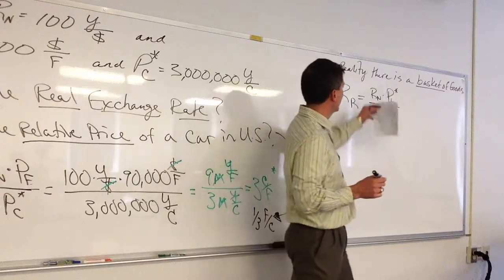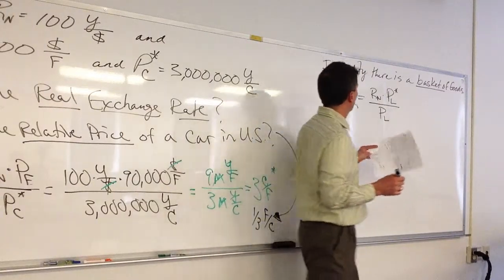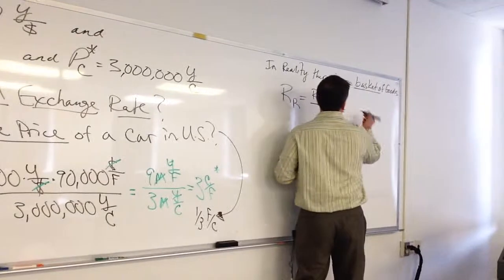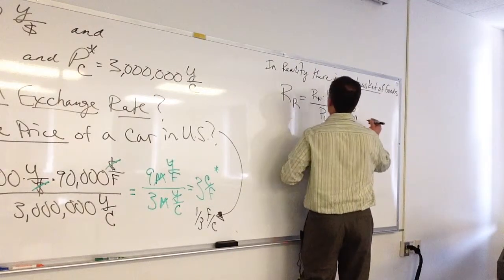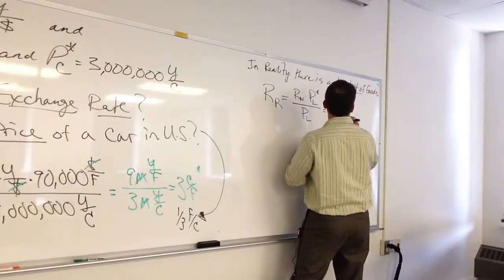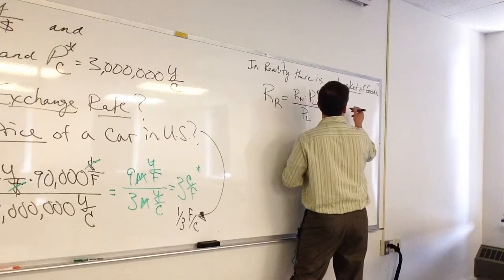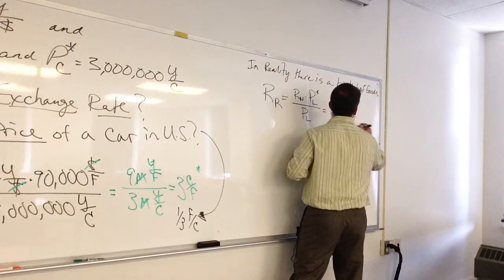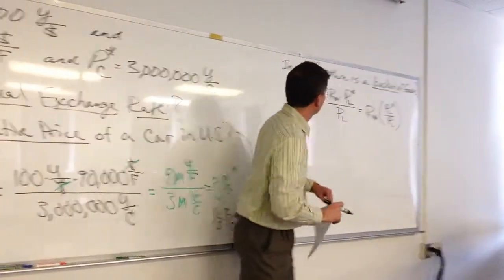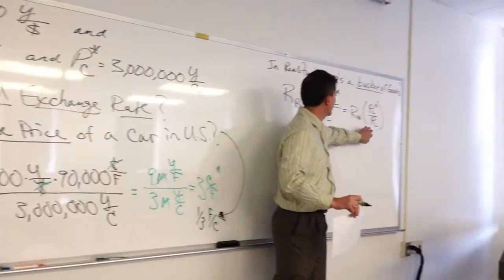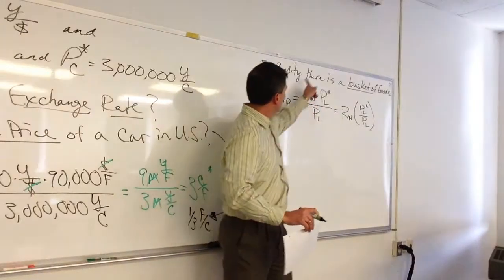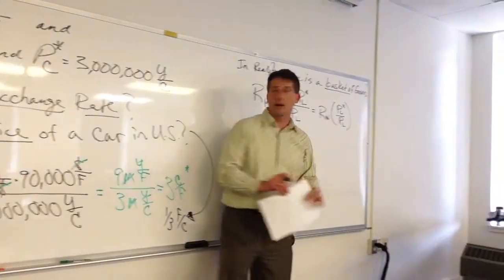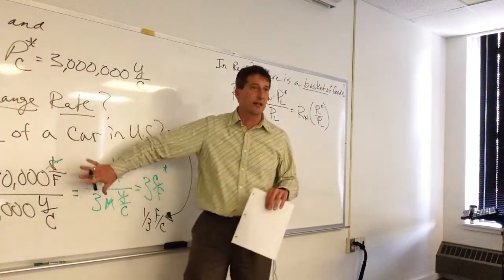So the star again is denoting the foreign country. And then we can just rewrite this expression as the nominal rate times the ratio of the two price levels. Just a different way of looking at it. I think the textbook shows it this way. But this concept comes to us from just doing this little exercise.